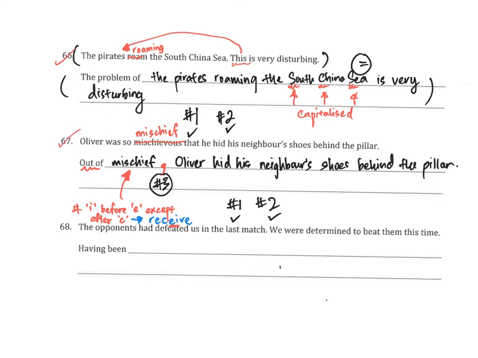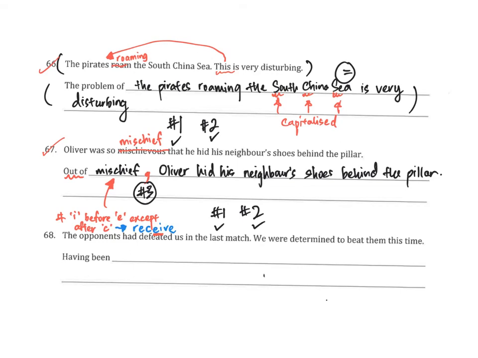And this has to do, in this case, with changing mischievous, right, which is an adjective describing Oliver, into mischief, all right, which is a noun, right, out of mischief. Then I insert my comma, and then I insert the rest of the sentence. All right, so now let's attempt the final question for this part.